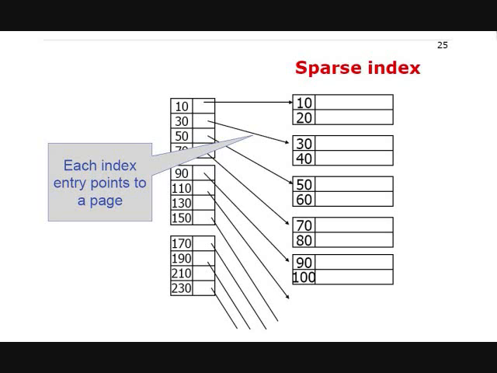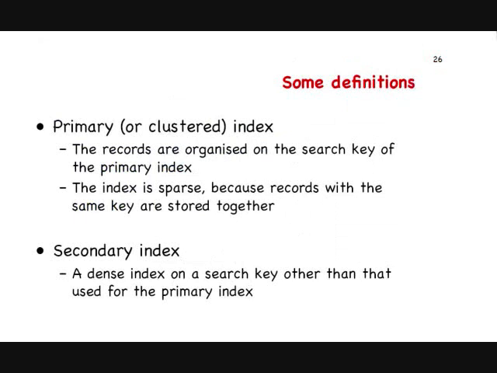That makes it smaller. We've got the same amount of index space, and we've got up to 120, and by using a sparse index, just on this trigger example, we've got rather more. So if you've got a sparse index, where each entry just points to a page, your index becomes smaller, easier to search, quicker to search.